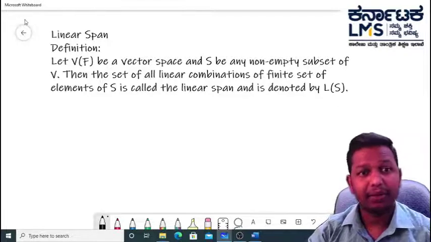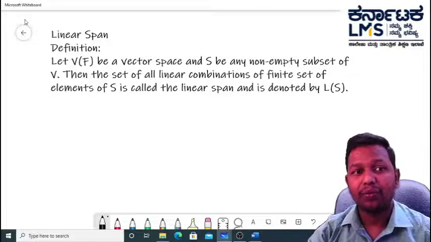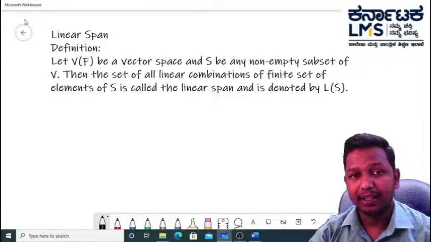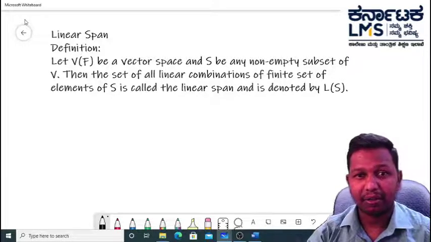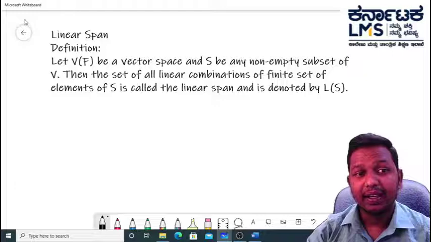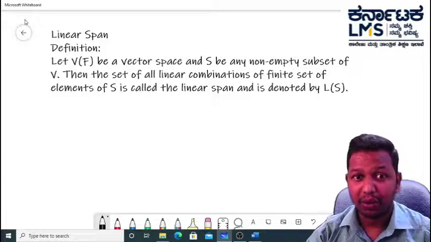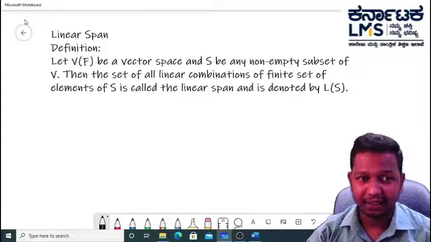I take that as V of F, and a subset of the vector space V, I take that as capital S. Then the linear span is defined as the set of all linear combinations of finite sets of elements of S. That means the linear span is a set which contains all linear combinations of finite sets of elements of S.